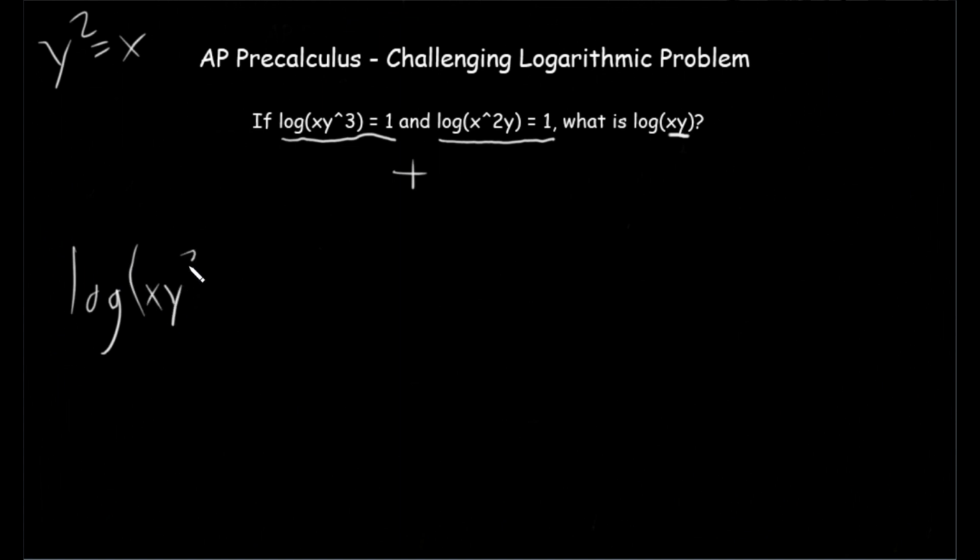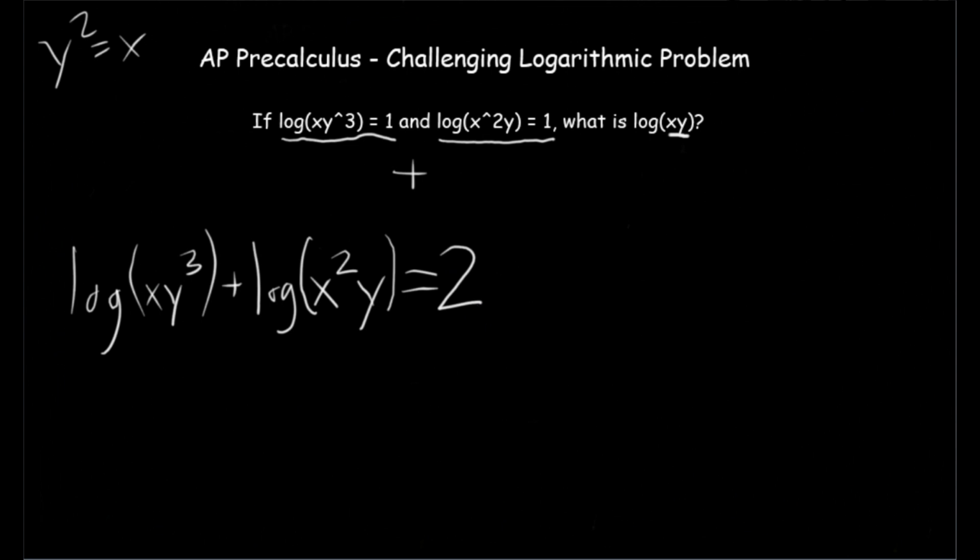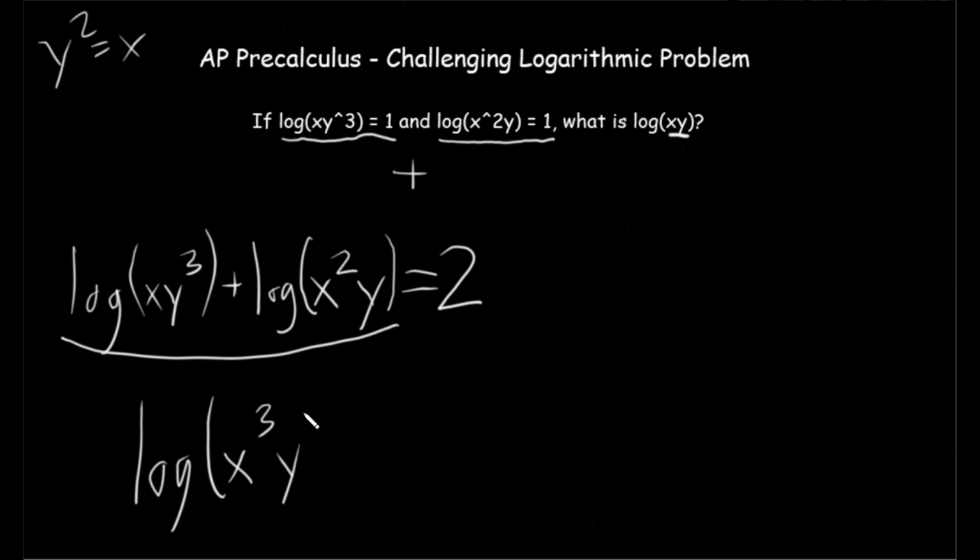So what you can do, if this pen stops lagging so much, you can set it equal to 2. You can condense these two logarithmic expressions to end up with log of x cubed y to the fourth equaling 2.